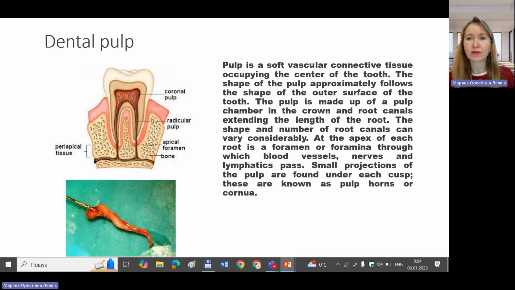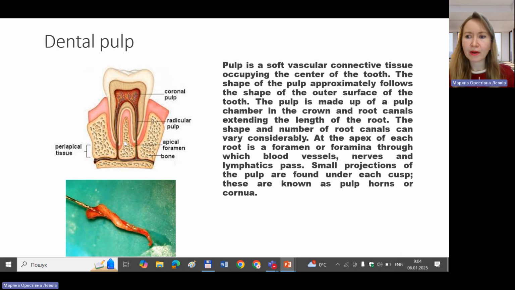Dental pulp. This is a soft vascular connective tissue that occupies the center of the tooth. The shape of the pulp approximately follows the shape of the outer surface of the tooth. The pulp is made up of a pulp chamber in the crown and root canals in the root area.